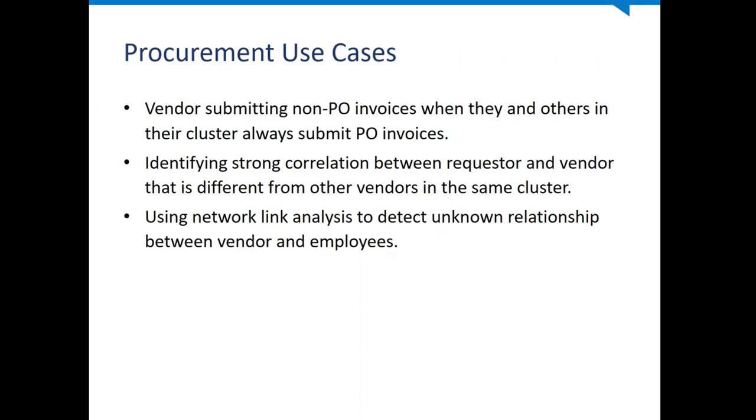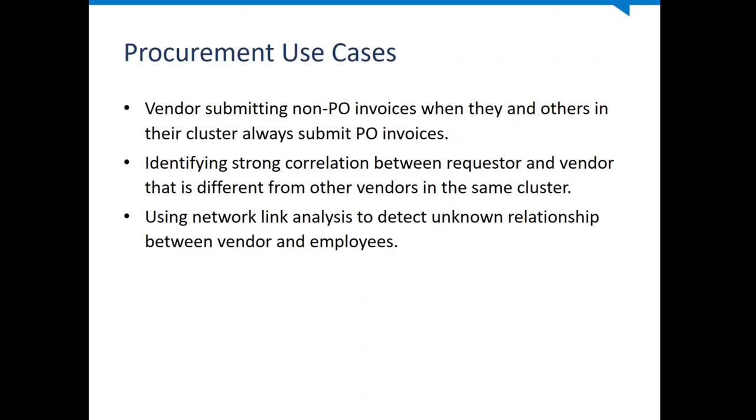If for some reason these two little vendors here that follow these exact criteria continue to have invoices paid with no purchase orders, it could break down strong correlation between the requester and the vendor.